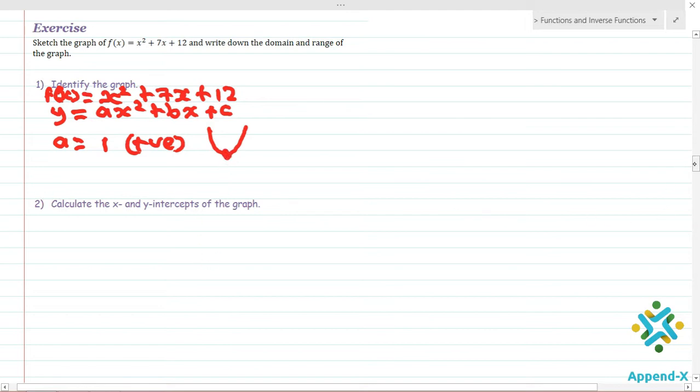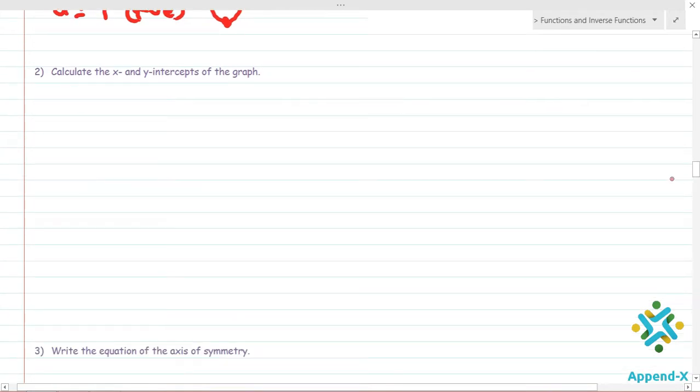Now, the second step is to calculate the x and y intercepts. Starting with the x-intercepts, these occur when f of x or y is equal to 0, since anywhere along the x-axis y is equal to 0. Now, our f of x is given by x squared plus 7x plus 12, and this is equal to 0.